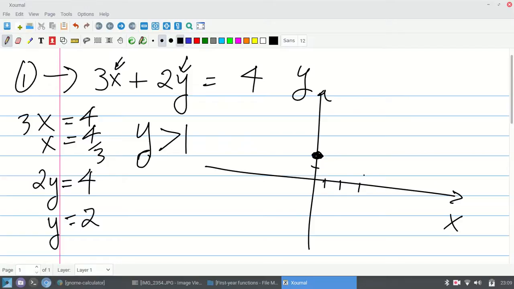Let's say each of these is a third of a unit: 1/3, 2/3, 3/3, 4/3, so that this is 1. Then that's my x-intercept, and I've got a line.